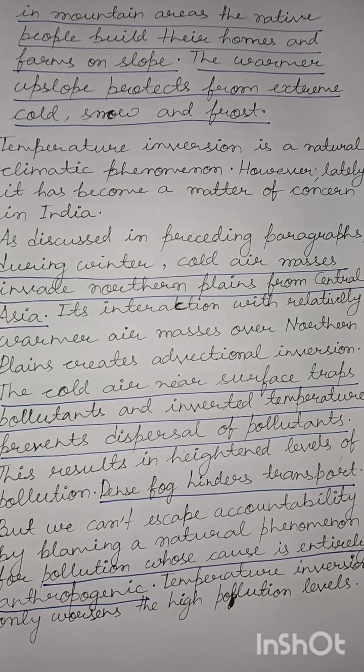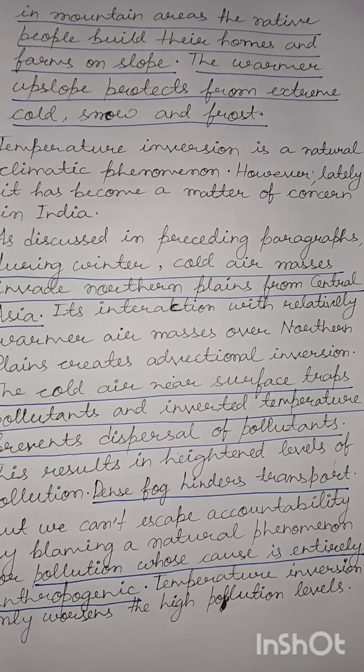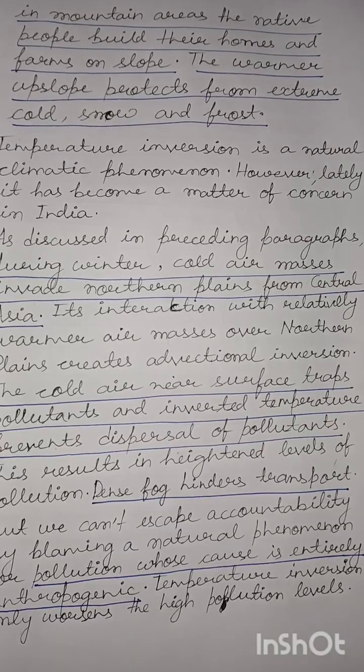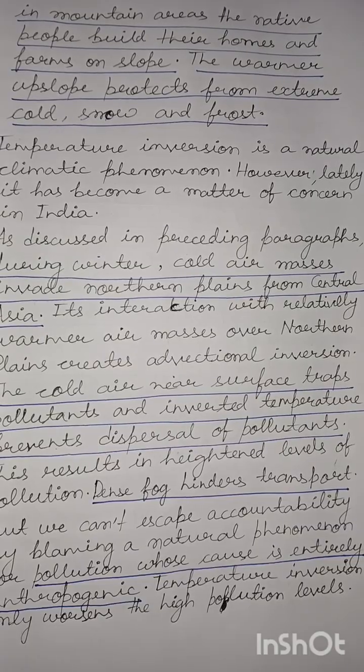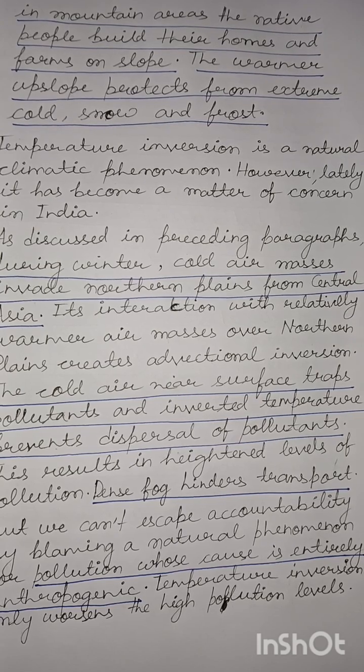And we have discussed three types of temperature inversion, starting with radiational inversion, then frontal advectional inversion, and third was drainage inversion, observed in the valleys. And we have also seen, due mostly to frontal advectional inversion in the northern plains, the pollution level is heightened as the pollutants cannot be dispersed. This was all on temperature inversion.